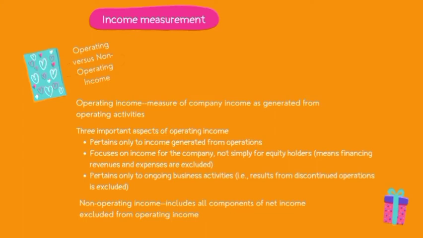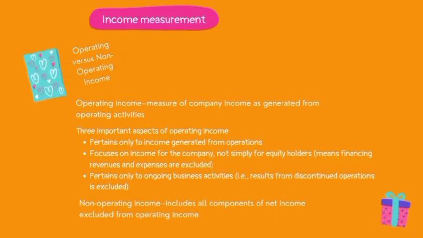Many companies also report a measure of operating income. Operating income is a measure of a company's income from its normal operating activities. Operating income excludes all items that are either non-recurring or unrelated to the company's primary business activity. Typically, operating income excludes the following items from income from continuing operations.